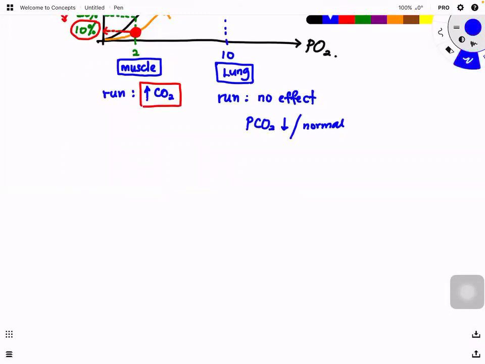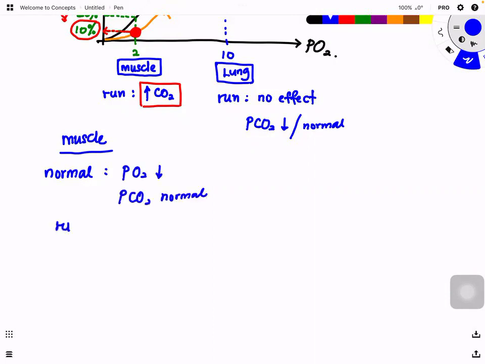How about muscle? Muscle then depends. If under normal conditions, at rest, then our partial pressure of O2 is low, but partial pressure of CO2 is normal.